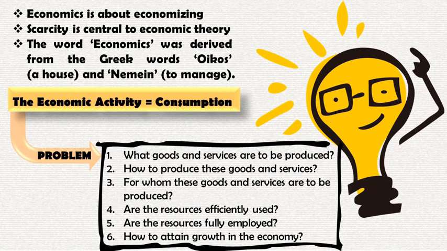Businesses need to identify who their target market is. By identifying the whom, doon nila maiisip kung ano ba yung needs and wants ng kanilang target market. So doon papasok yung what. After ng what, nalaman na nila yung needs ng target market nila, in this case papasok na yung tinatawag na paano ko siya ngayon ipoproduce.